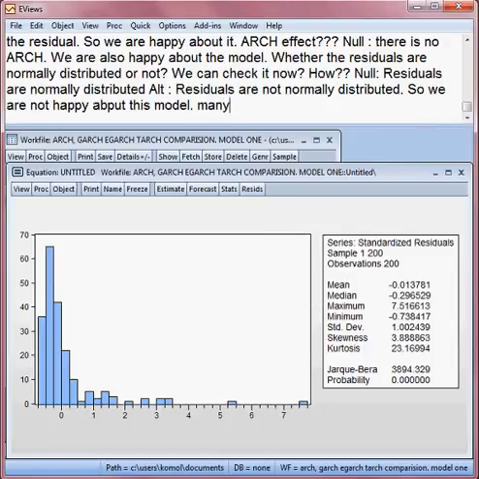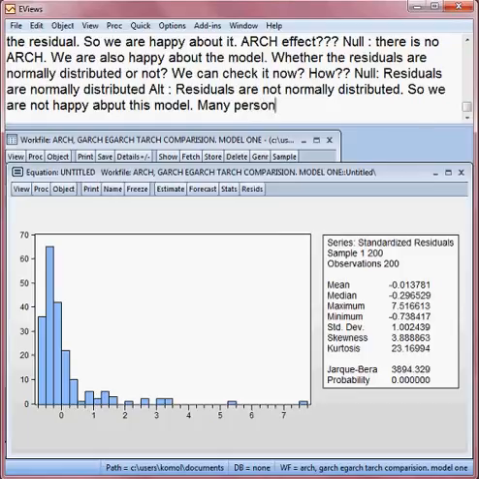Many economists say that we can accept the model although the residuals are not normally distributed. Many persons say so.